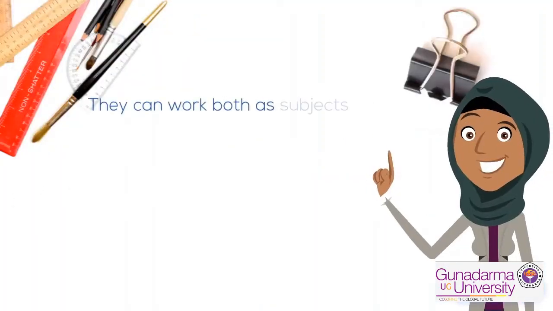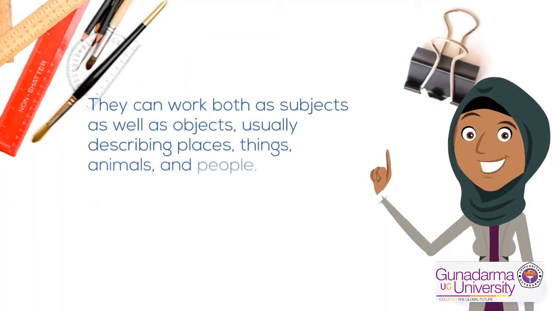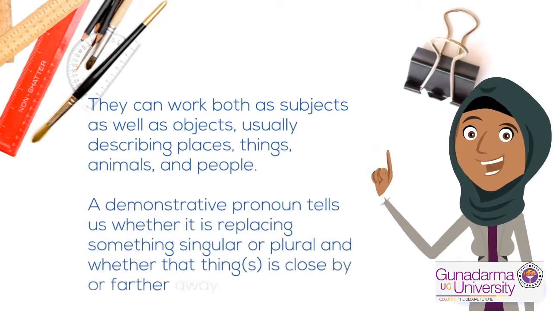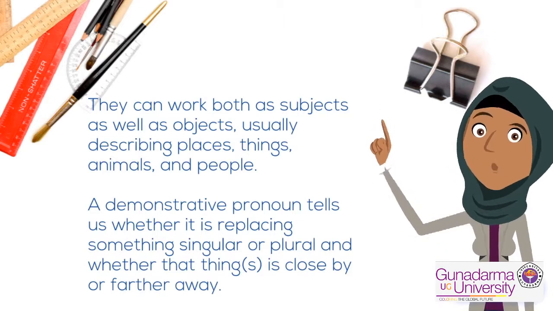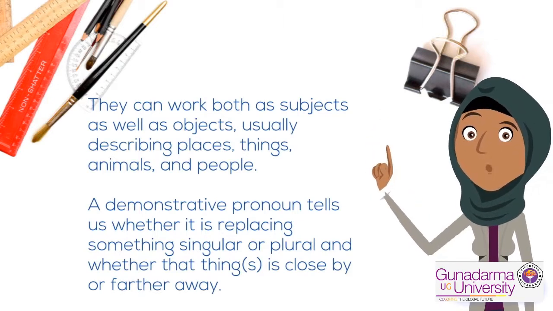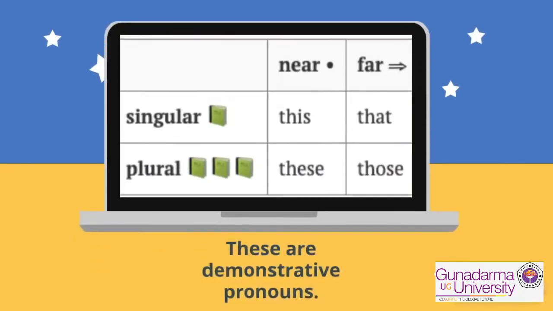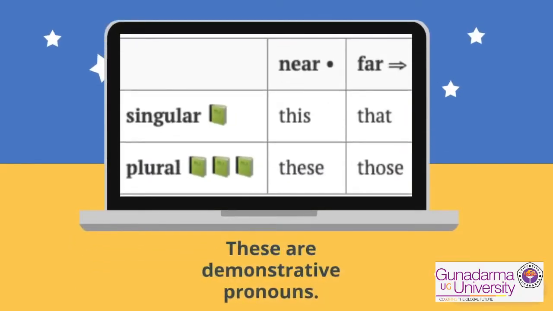They can work both as subjects as well as objects, usually describing places, things, animals, and people. A demonstrative pronoun tells us whether it is replacing something singular or plural, and whether that thing is close by or farther away. These are demonstrative pronouns: this, that, these, those.